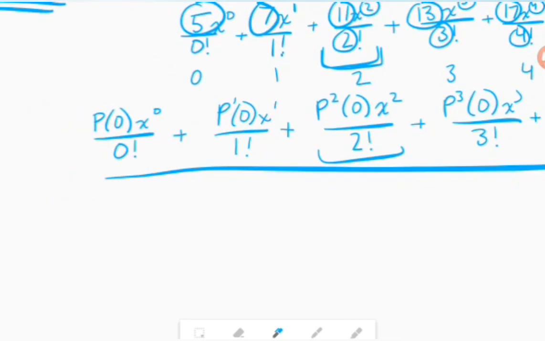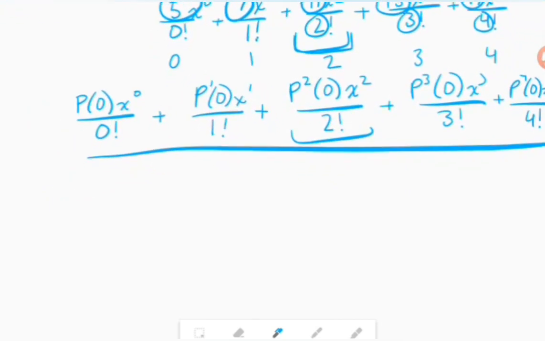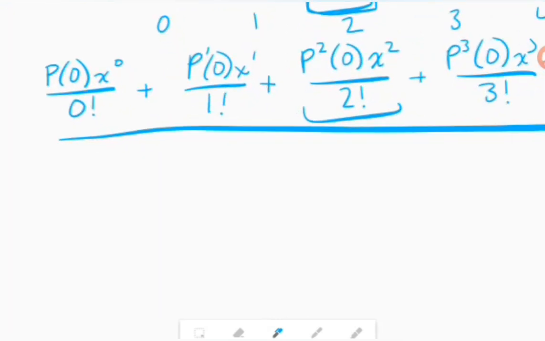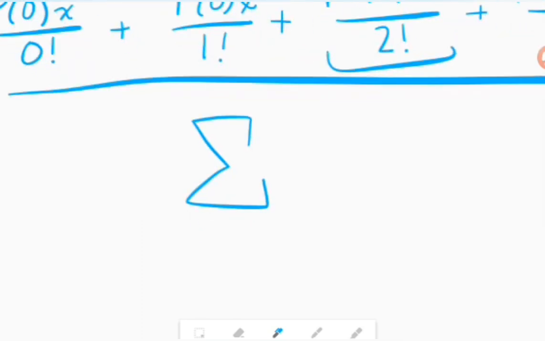And the general form of the Taylor series is, well, we're going to have our sigma notation over here. Let's start at n is equal to 0, and we're going to go on towards infinity, because this is an infinite series.